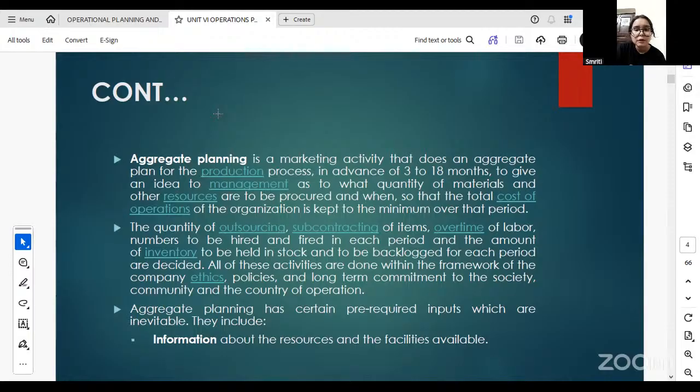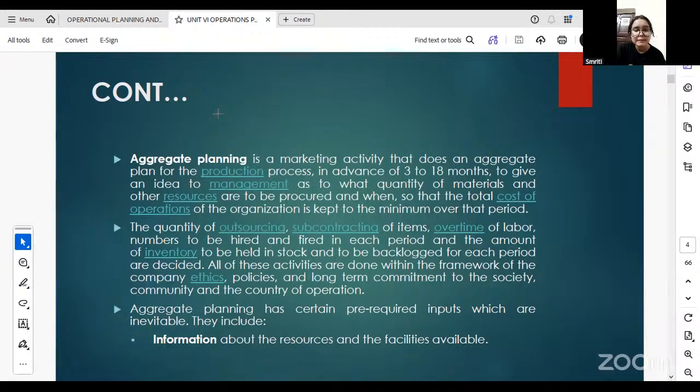The quantity of outsourcing, subcontracting of items, overtime of labor, numbers to be hired and fired in each period, and the amount of inventory to be held in stock and to be backlogged for each period are decided. All of these activities are done within the framework of the company ethics, policies, and long-term commitment to the society, community, and the country of operation.